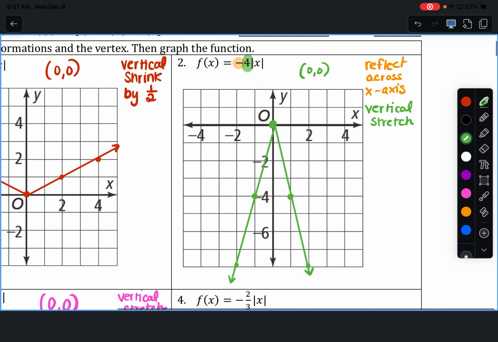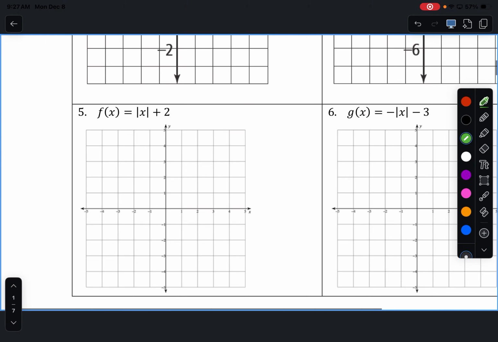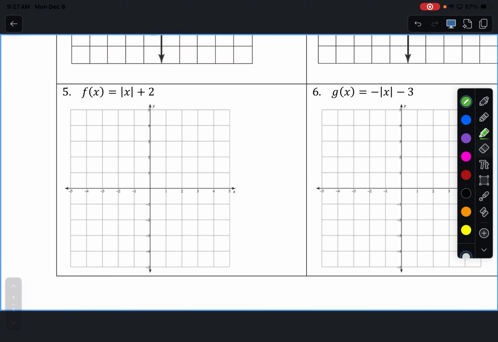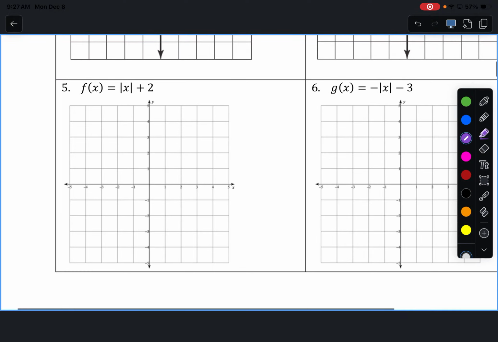Now we're going to go to number 5. We have a transformation of +2. So we go up 2. What causes that to be a transformation of up 2 and not left 2? Because it's not in the bracket.